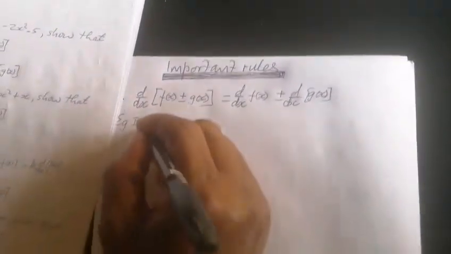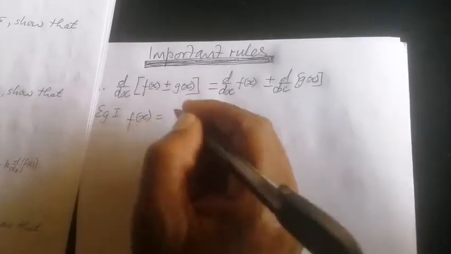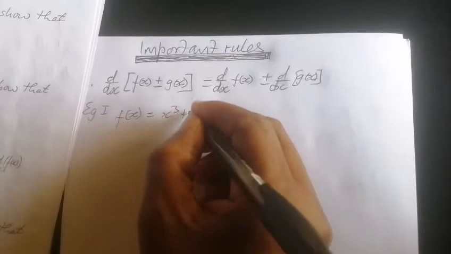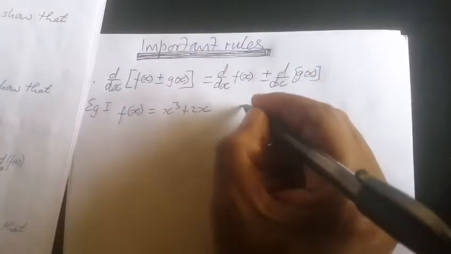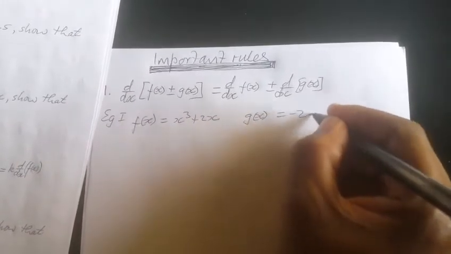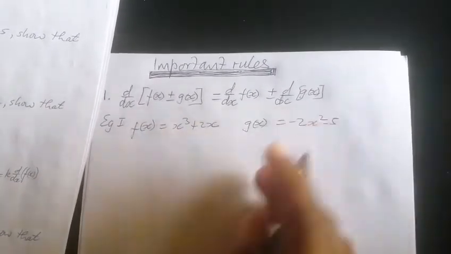So this is what we are going to do. Our f of x is known. It is actually x cubed plus 2x, and our g of x is also known. It is actually minus 2x squared minus 5.